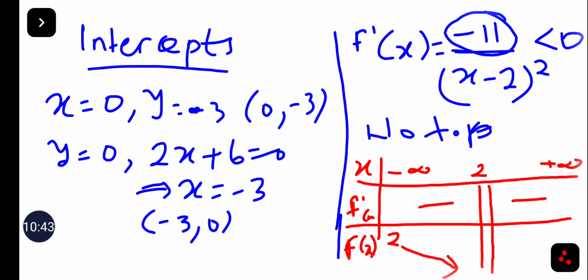Then 2 from below, which when we evaluated was negative infinity. And we come this way, 2 from above; when we evaluated the limit, it gave us positive infinity.